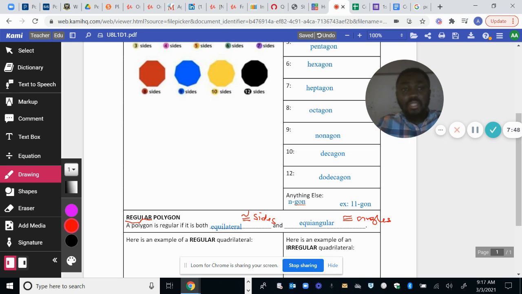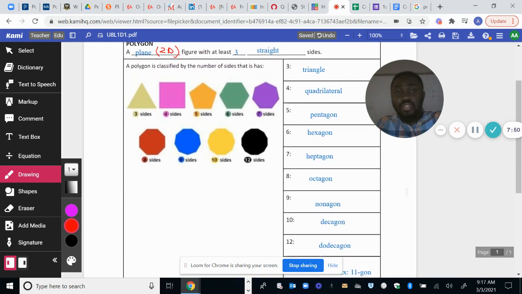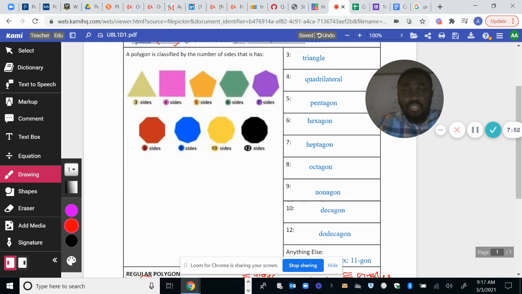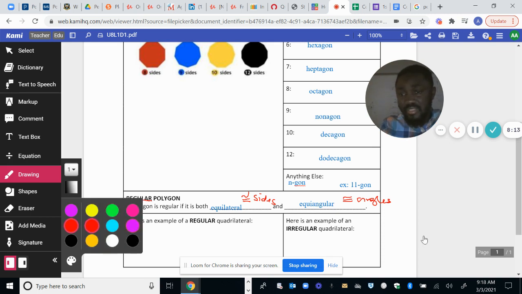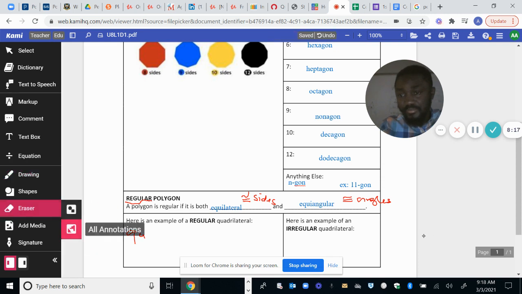And in the case of a quadrilateral, the only quadrilateral that is regular is the square, because in a square all sides are equal and all angles are also 90. Each of the angles is 90, so all angles are congruent. So here is an example of a regular quadrilateral.